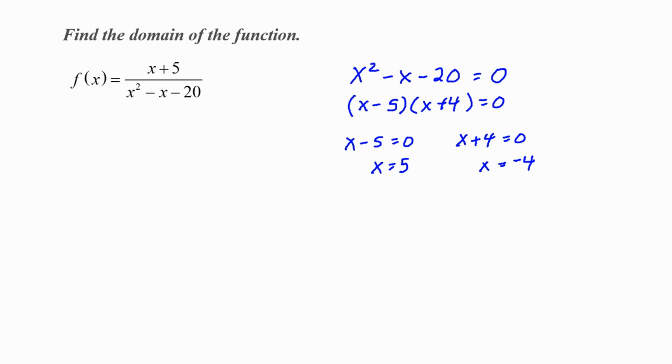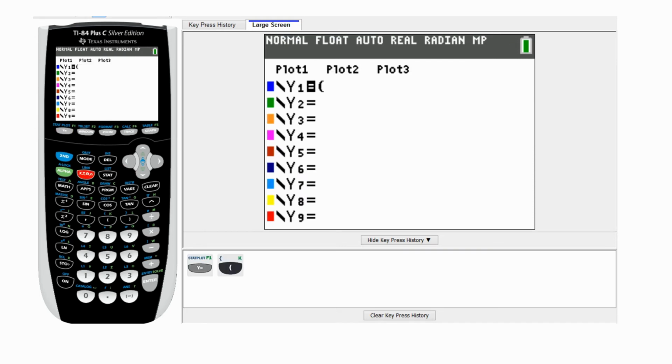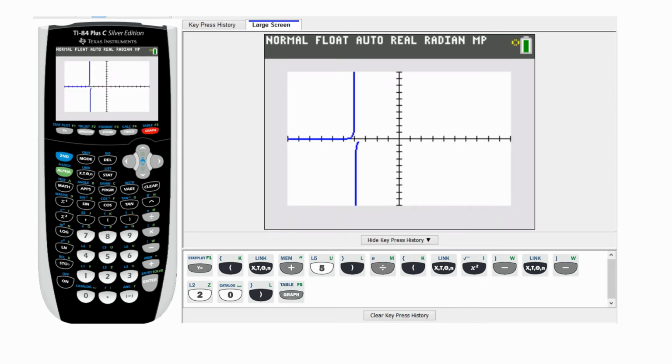Looking at the graph, y equals parenthesis x plus 5, close parenthesis, divided by parenthesis x squared minus x minus 20, close parenthesis. If we don't use the parenthesis, the calculator would take the 5 and divide it by x squared. Graphing, you can see that we have two breaks in our graph.